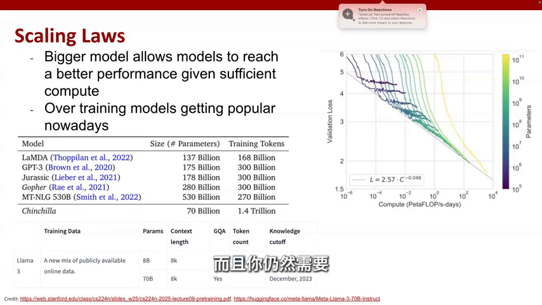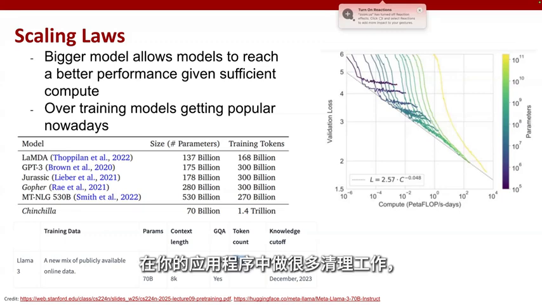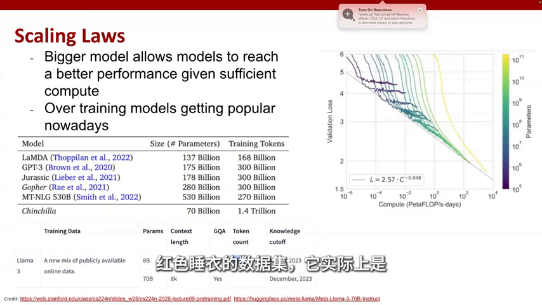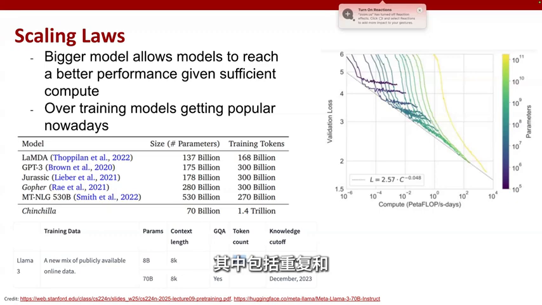And you still need to do a lot of cleaning and deduplication before you can use the training data set. And I think that's why people from Stanford introduced a data set called Red Pajama. That's actually a clean version of the DataComp LM data set, which includes deduplication and cleaning of the data set.